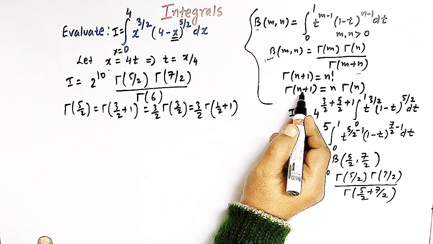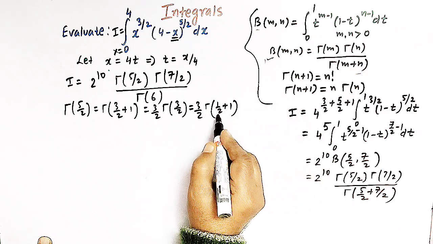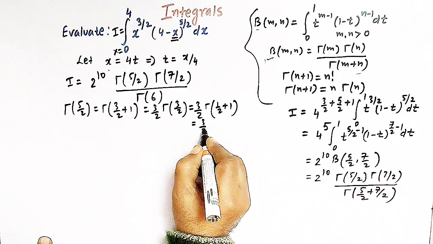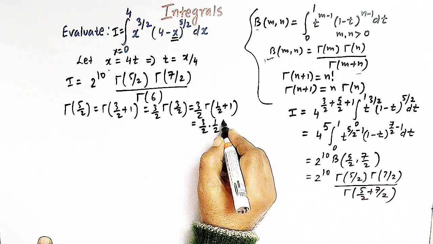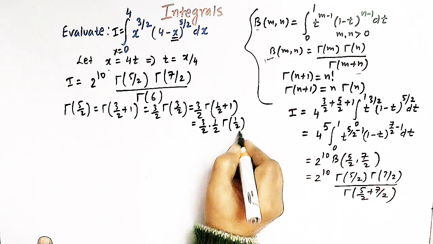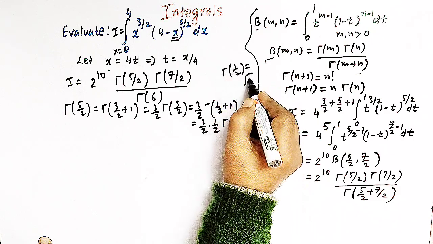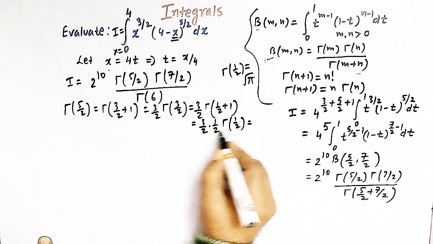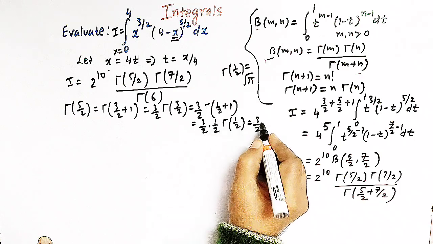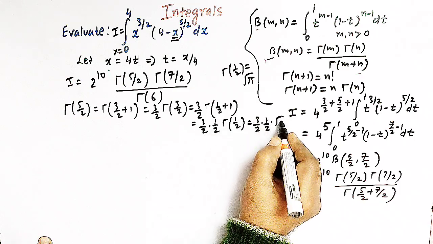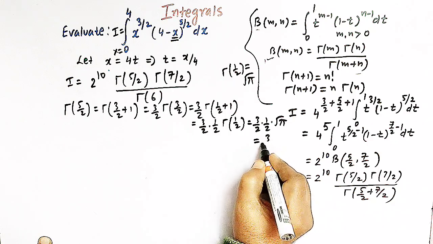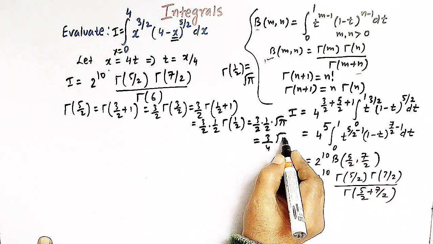So again, applying this result to gamma half plus 1, we have 3 by 2 times half, then we have gamma half, and gamma half is equal to square root of pi.